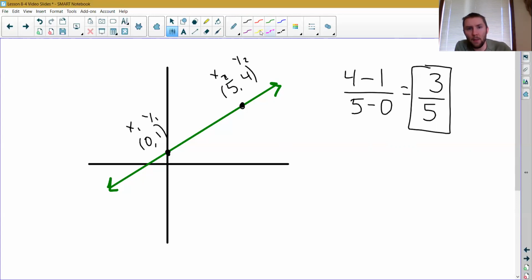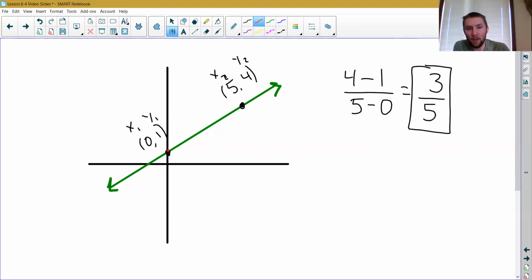Now, if you would rather not do the subtractions, you can do it sort of in the graph as a picture. Because remember when we made our ramp in the last video and we talked about the rise and the run? Well, we can do that in this graph as well if we identify our coordinate points.